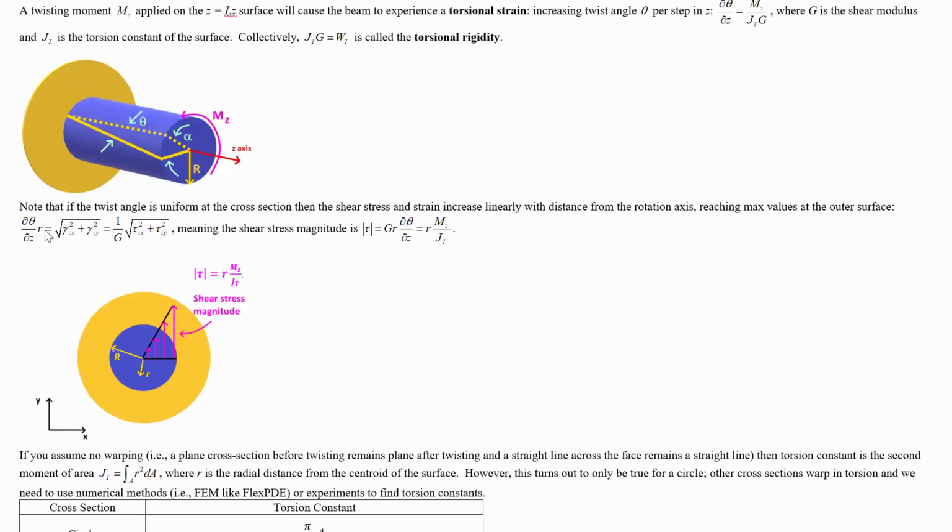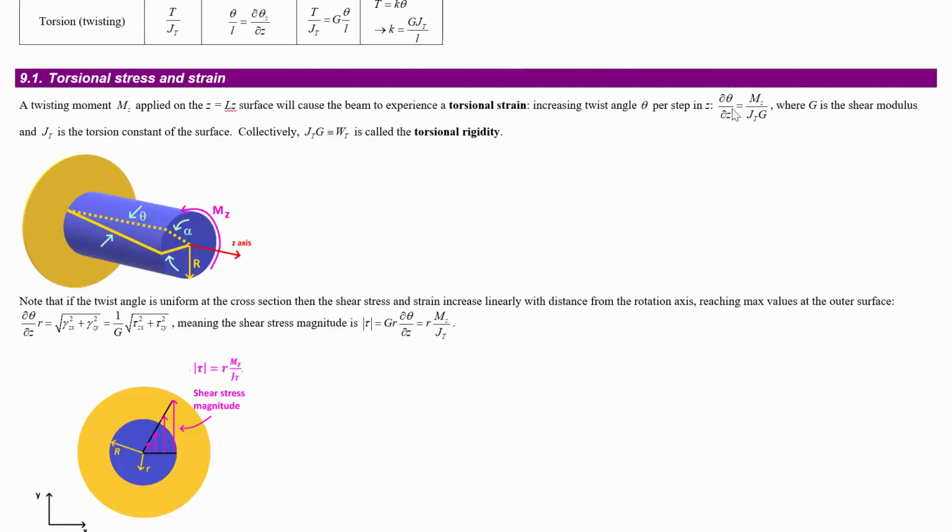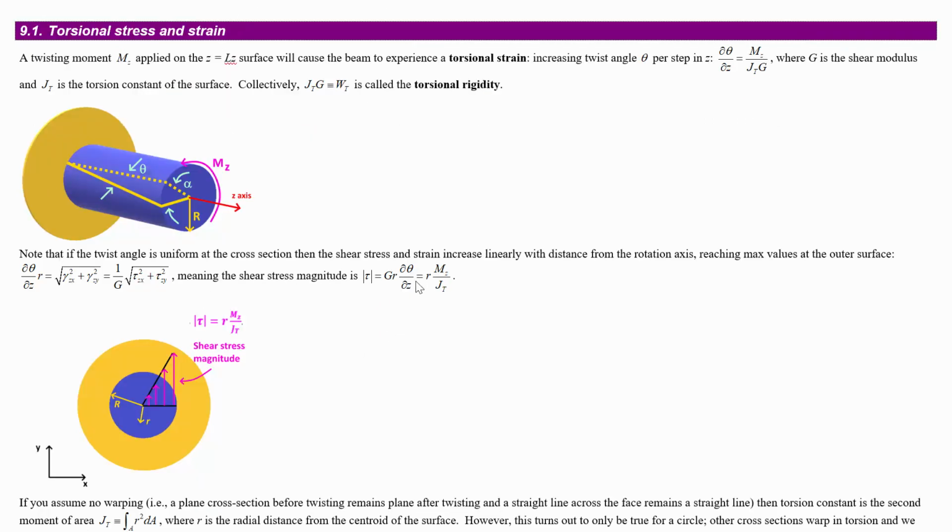So from this relationship, you can work out that the magnitude of the stress here is equal to G times r del theta by del Z. And then if you substitute in the del theta by del Z that we had from our Hooke's law for torsion, you can relate this to the torsional moment divided by the torsion constant. So the stress just scales up linearly.